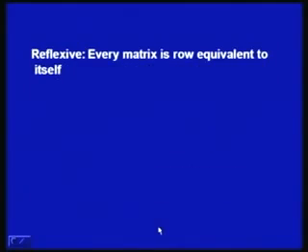Now, this row equivalence is actually an equivalence relation. For that, we have to prove that the relationship is reflexive. By this I mean to say that every matrix is row equivalent to itself. The proof is simple.